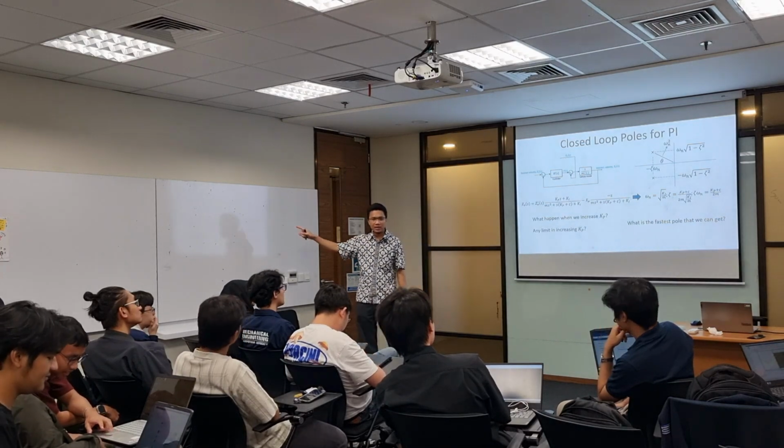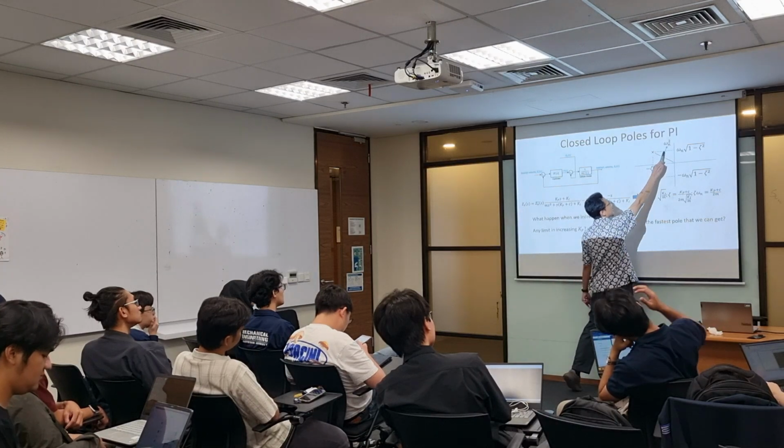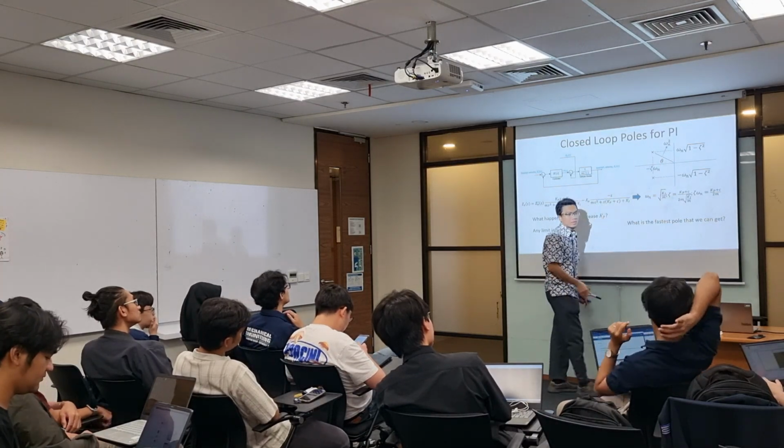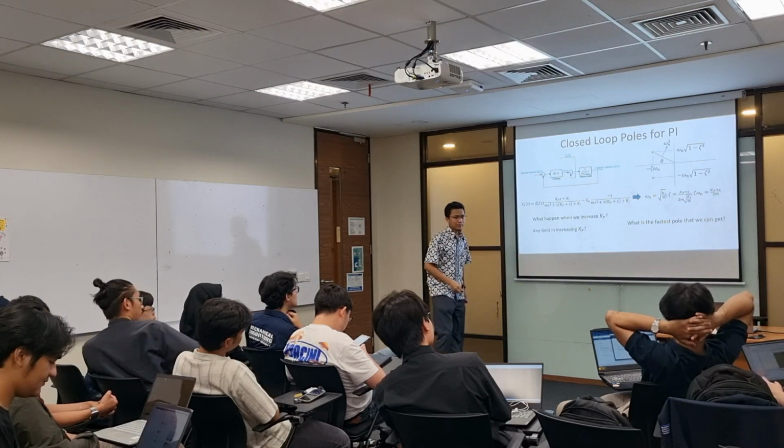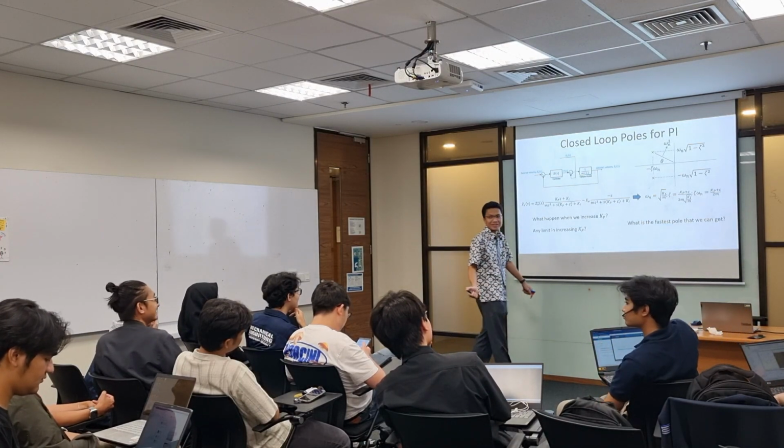Okay, while I'm writing here, I want you to see what is this omega n square that I draw here. What is it? Hypotenuse. Yeah, correct.